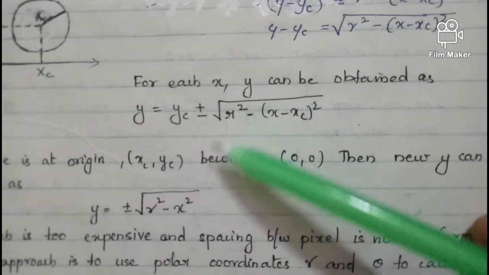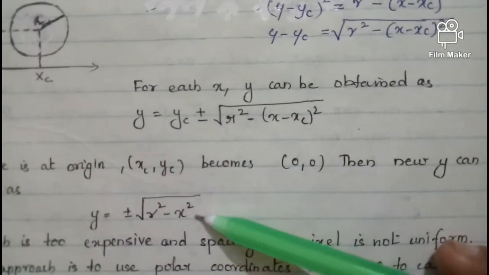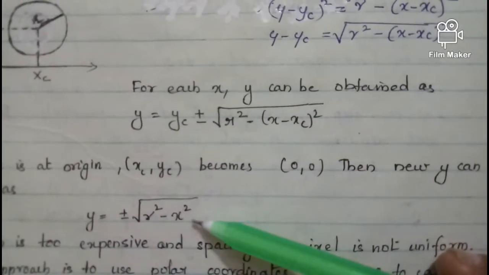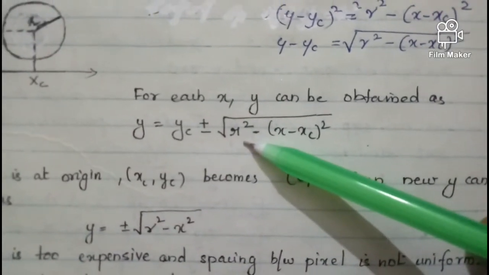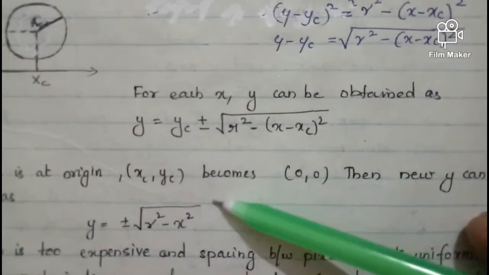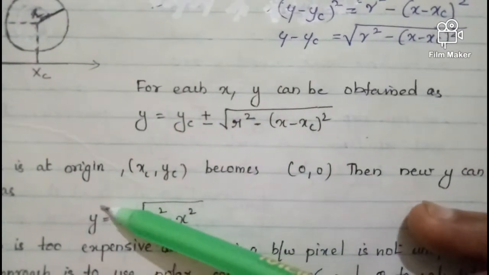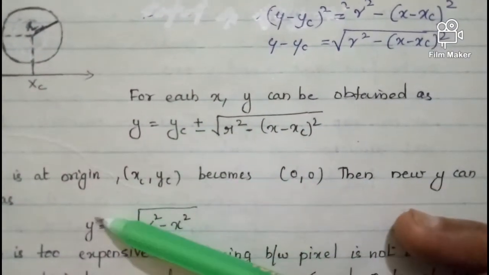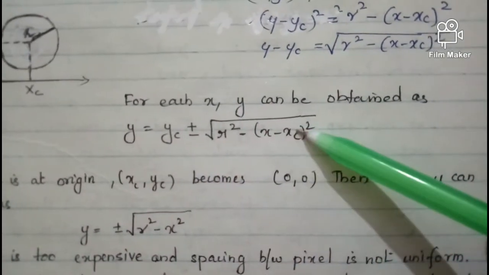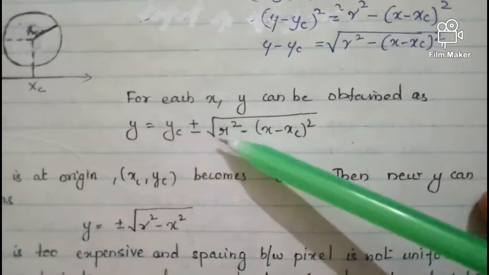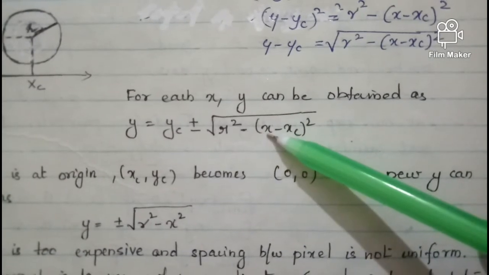So these are the two equations. This is the equation you can use when the circle is centered at origin, and this equation can be used when the circle is not centered at origin. Any of these equations can be used to find the values of y. But to find the values of y, we require 4 values, that is xc, yc, r, and the values of x.